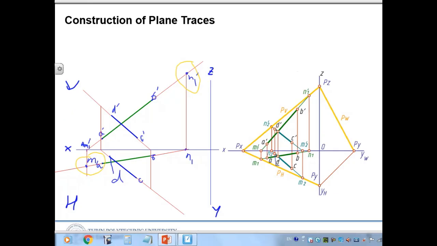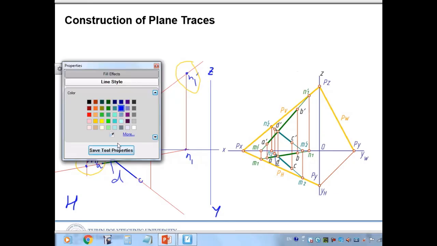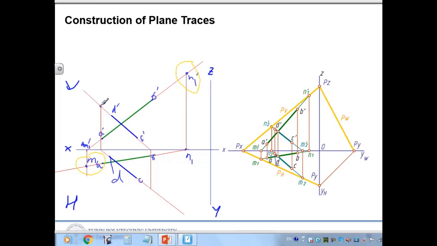Then make a point. So this one is N2 dash. So this is N1 dash, that is N2 dash. And then this one is M2. So that is M1, that is M2.